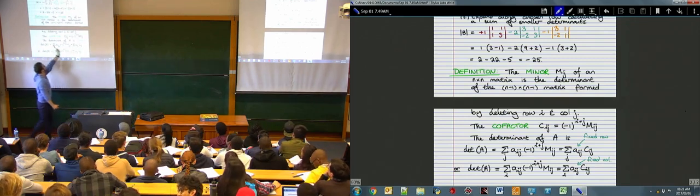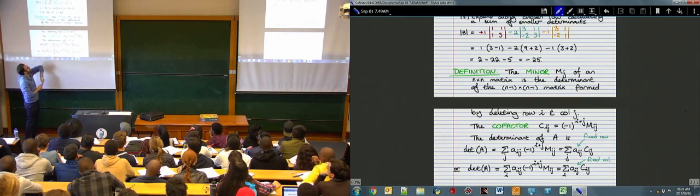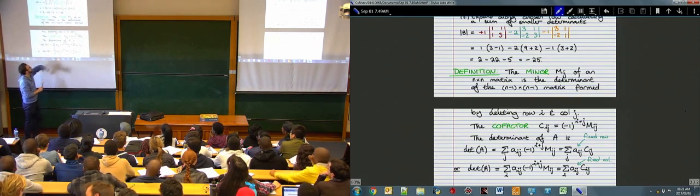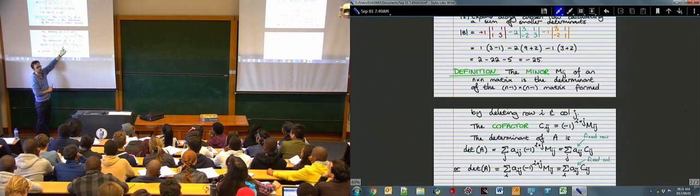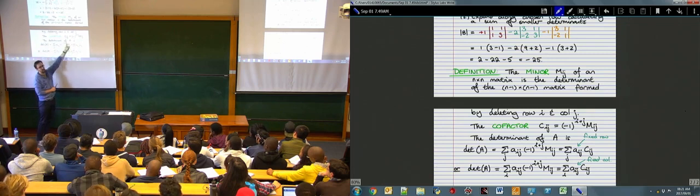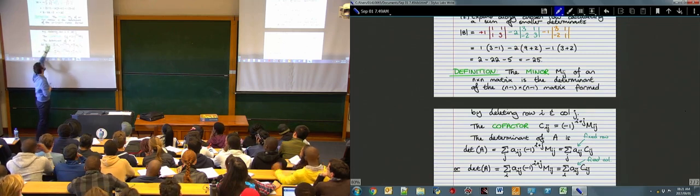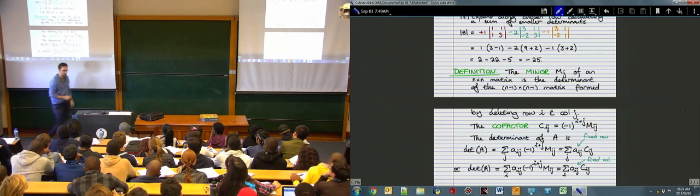So it's this sum over here we're summing. Then that +1, that -2, and that -1, that is a result of this aij, the coefficient, multiplied possibly by a minus sign or a positive sign. And then those three smaller determinants, those 2 by 2 determinants, are these Mij over here. So this formula here is just a more formal way of writing down what I put up earlier.